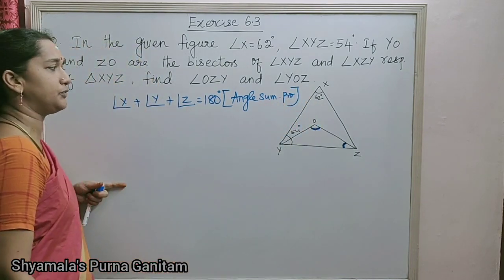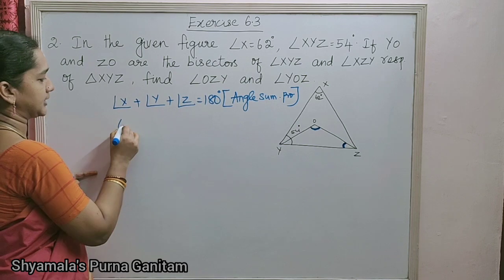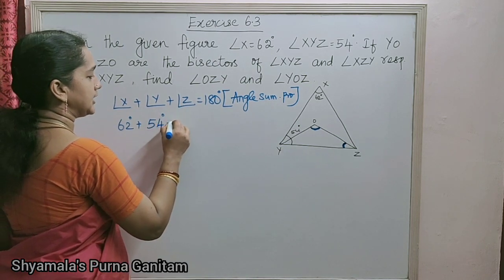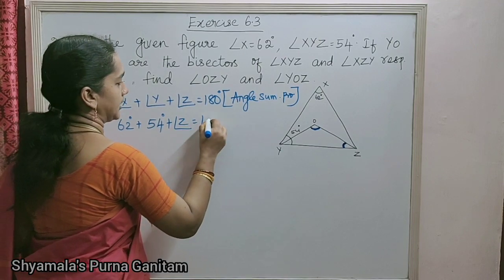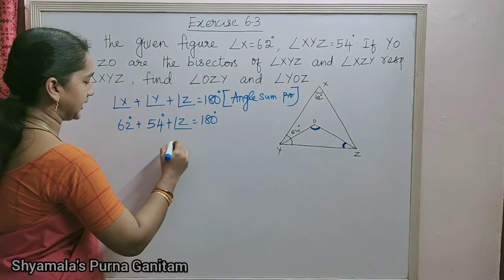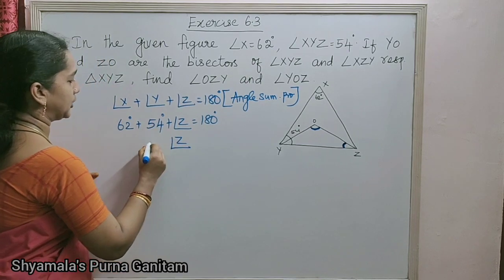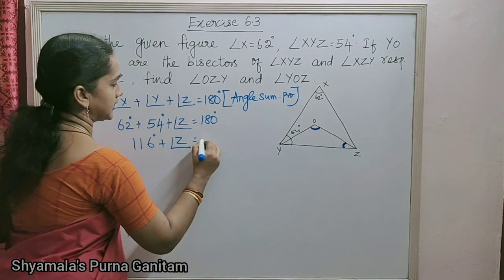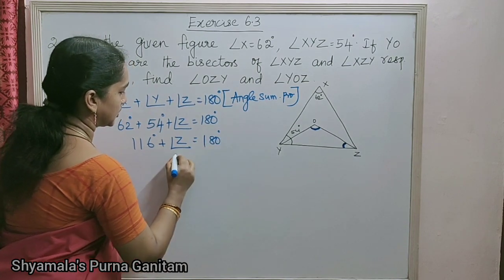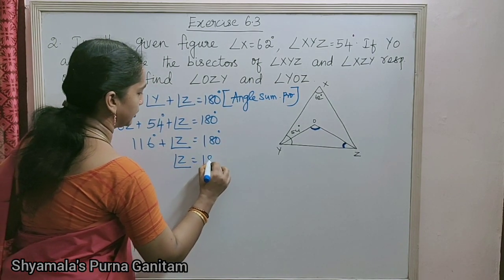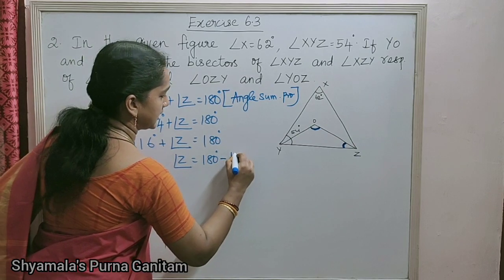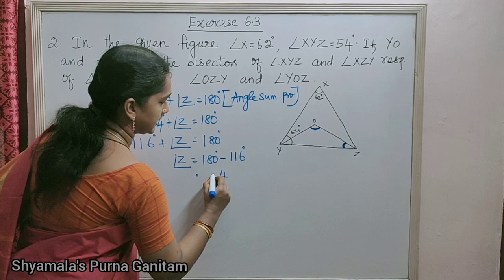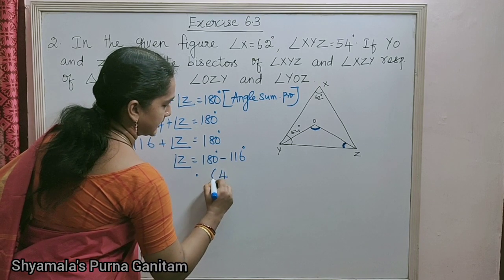X is given as 62 degrees, Y is given as 54 degrees and Z you have to find. So if you add these, you will get 116 degrees, and that plus Z is equal to 180. So angle Z is equal to 180 minus 116, which is 64 degrees.